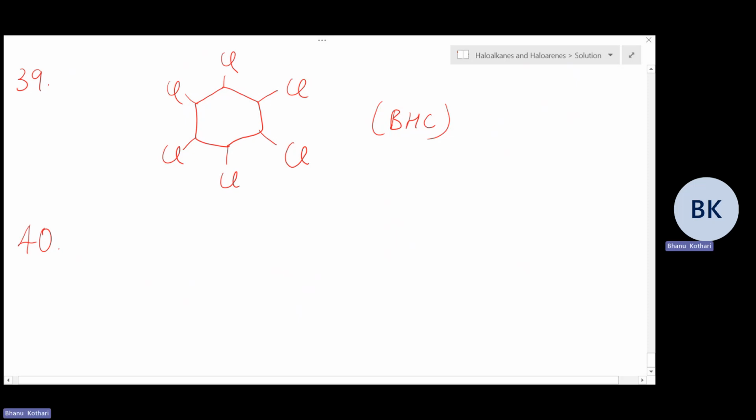Which of the following mechanisms feature carbocation intermediates? We know that E1 elimination and SN1 feature carbocation intermediates. Correct option will be option D. With this, we have come to an end of this discussion. Thank you.